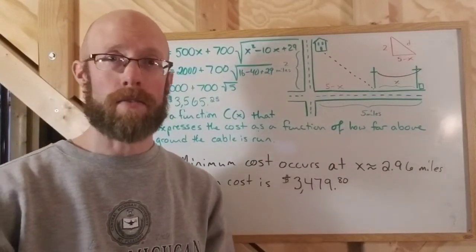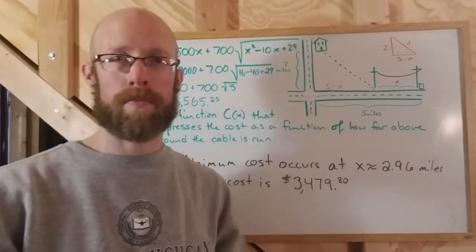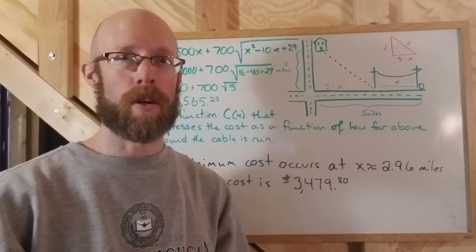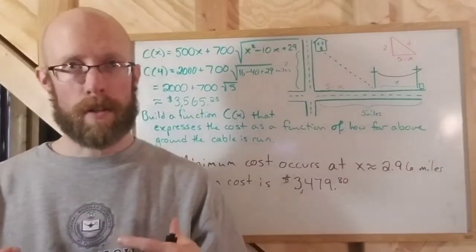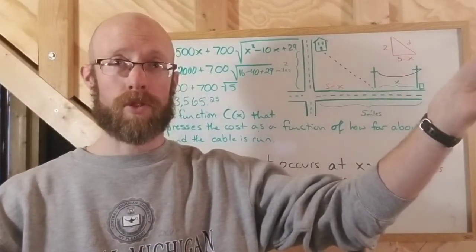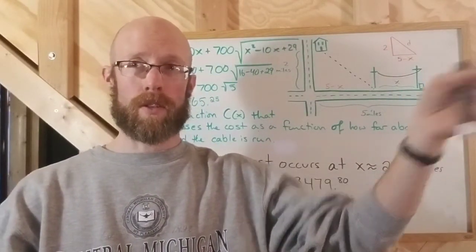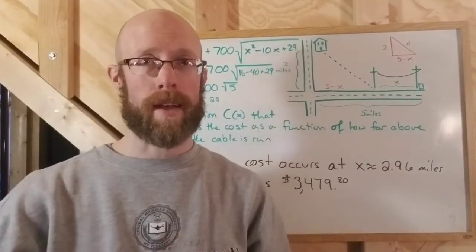But it gives you an idea of how to set up a problem like that. There are many other types of problems like this. Imagine if you were trying to get to shore if you were off in a boat, but you were trying to get to a particular point downshore. Obviously you're going to be traveling slower in the water than you would walking along the land.